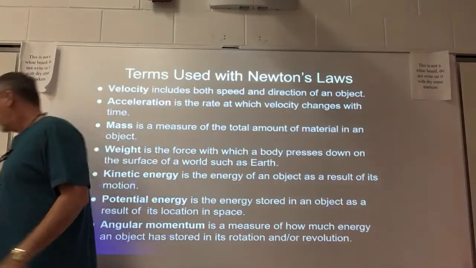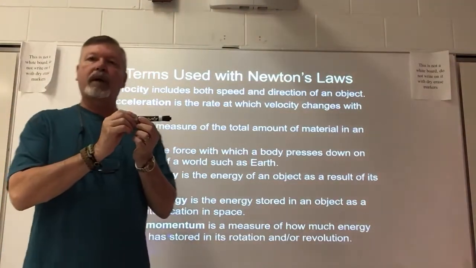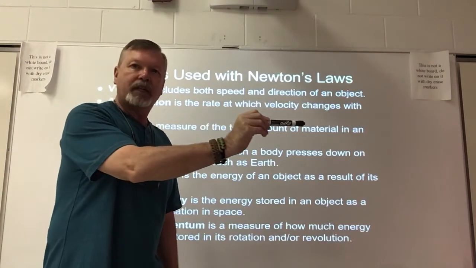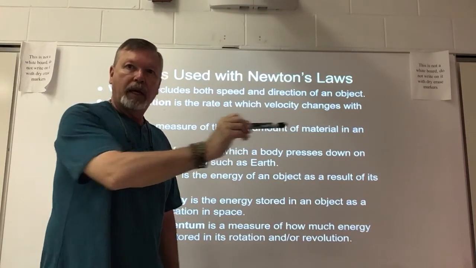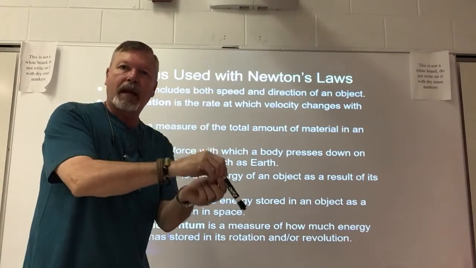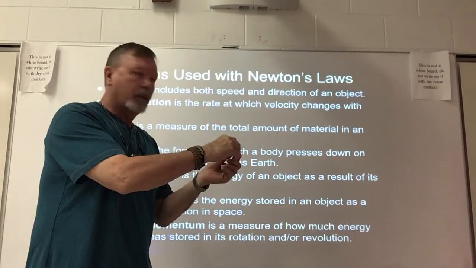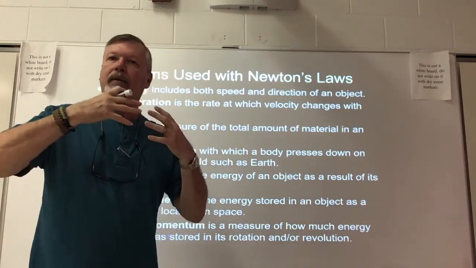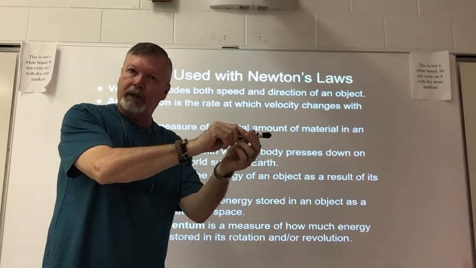So, if my dry erase marker here is in motion going straight across, it wants to keep going straight across. It will resist any change in its motion to bring it up, to bring it down, to bring it towards the board, to bring it towards you. It will resist this change in its straight line motion.